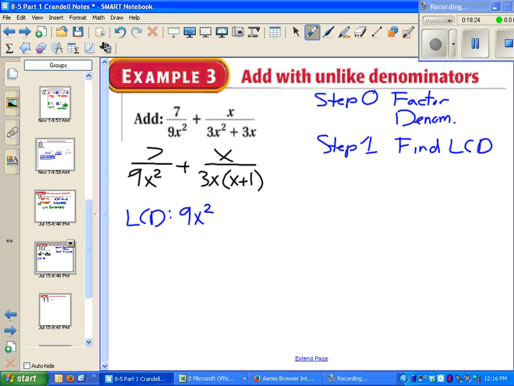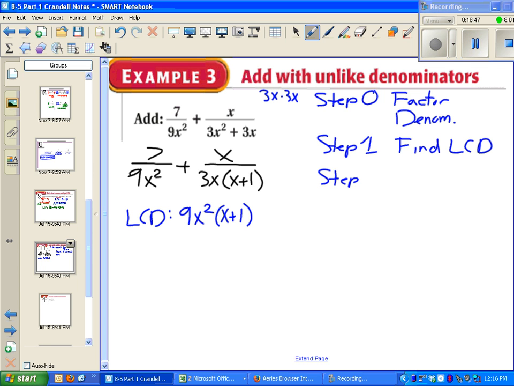And do we need the 3x? No, that's in here. So if we split up 9x squared, we'll get 3x times 3x. So that's already in there, and then we have x plus 1.